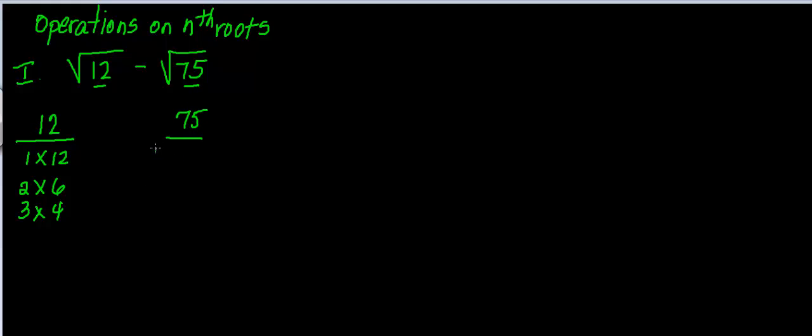Let's make a list. I have 1 times 75, 2 times nothing. How do I know 2 times nothing? Because 75 is an odd number, and I know it's divisible by 2 if it's an even number. So I know this is not divisible by 2. 2 times nothing, 3 times 25. If you think about 3 quarters, having 3 quarters gives you 75 cents.